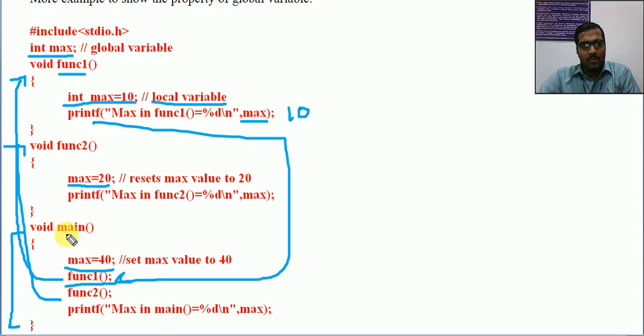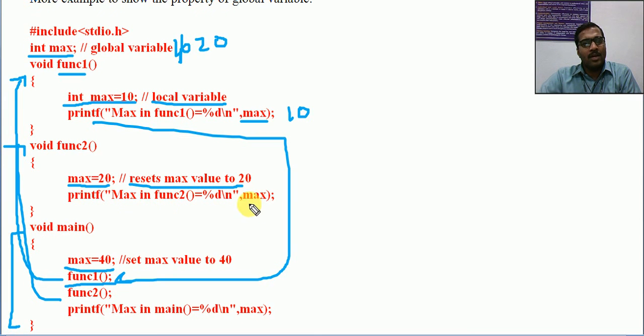Initially it was 0, but when it reached here it changed to 40. Now when calling function 2, that value is changed to 20. Initially it was 40 and that 40 is changed to 20 now. It resets the max value to 20.